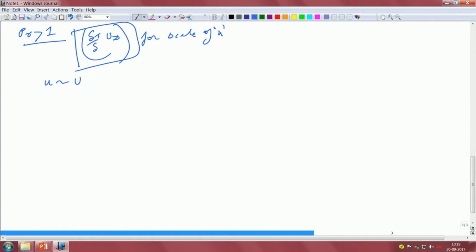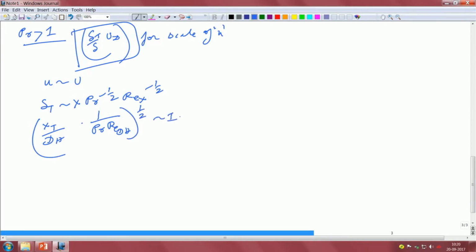The scale of u is still capital U, that is still the scale, because there was no imposed scale. And the layer of delta t was much thinner compared to the delta. So, you could get away with this kind of a scaling. Now, in this particular case also you apply the same thing, which makes it x by dH.